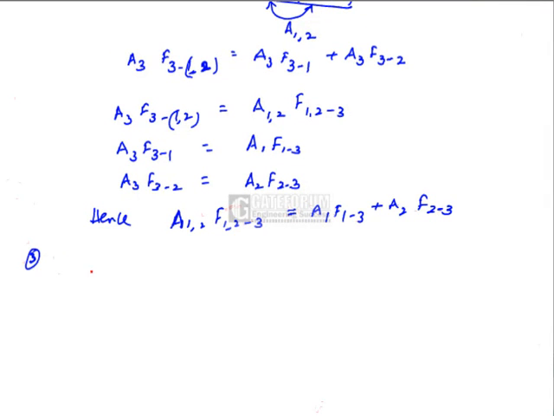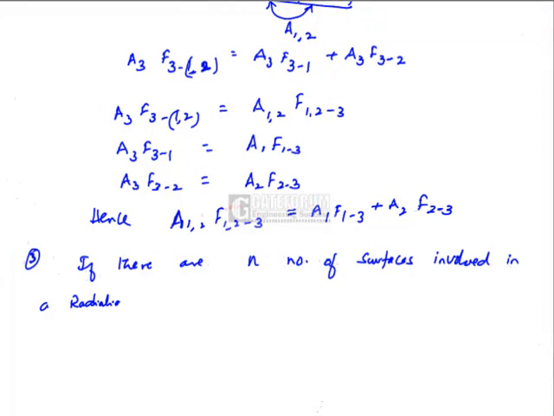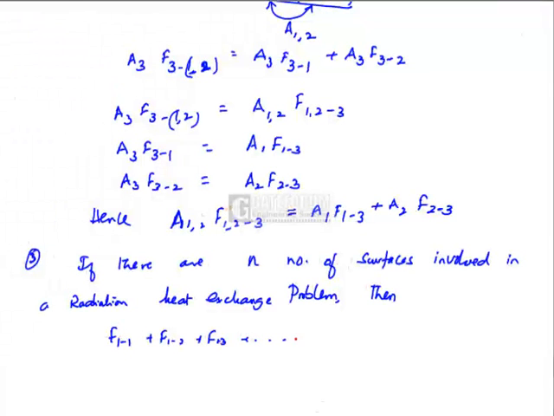Now, I take another relation. If there are n number of surfaces involved in a radiation heat exchange problem, then F11 plus F12 plus F13 and so on up to F1n is equal to 1.